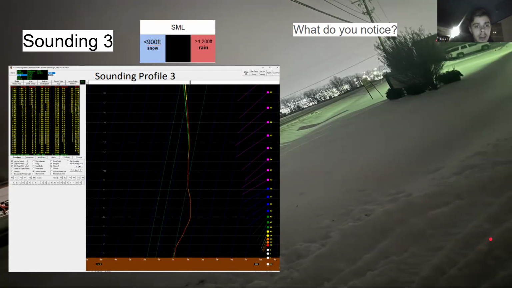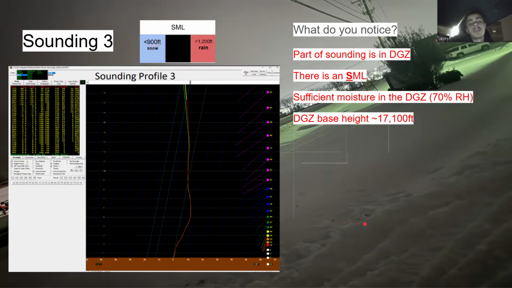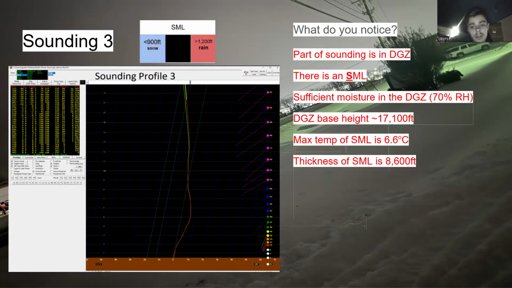So this sounding here, what do you notice? Still part of it's in the dendritic growth zone. This time there's a surface melting layer because even at the bottom it doesn't go back below freezing. There is sufficient moisture. Dendritic growth base is 17,000 feet again. The maximum temperature of the surface melting layer is 6.6 degrees Celsius.